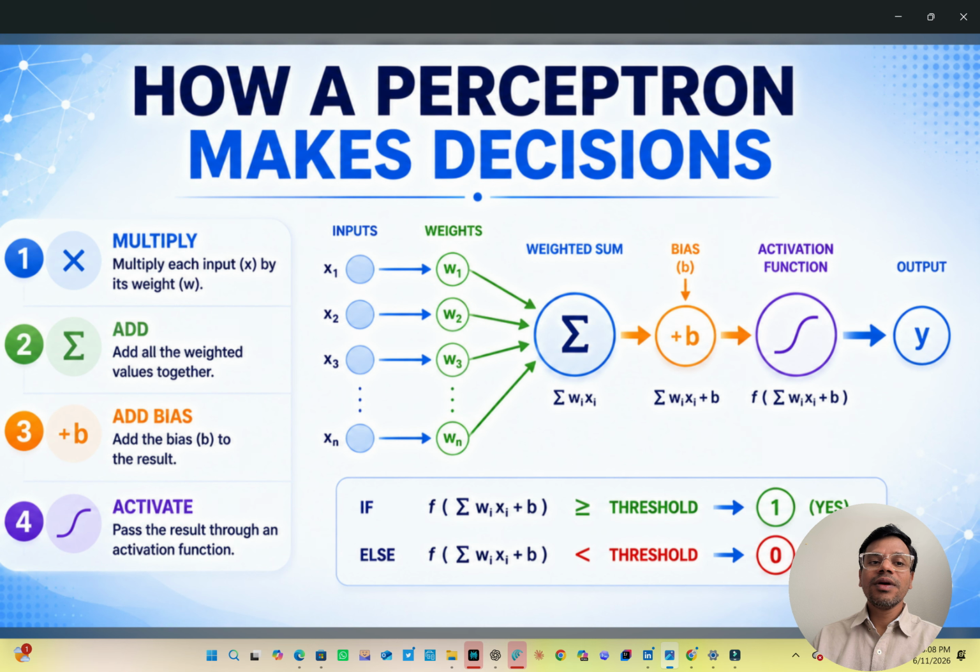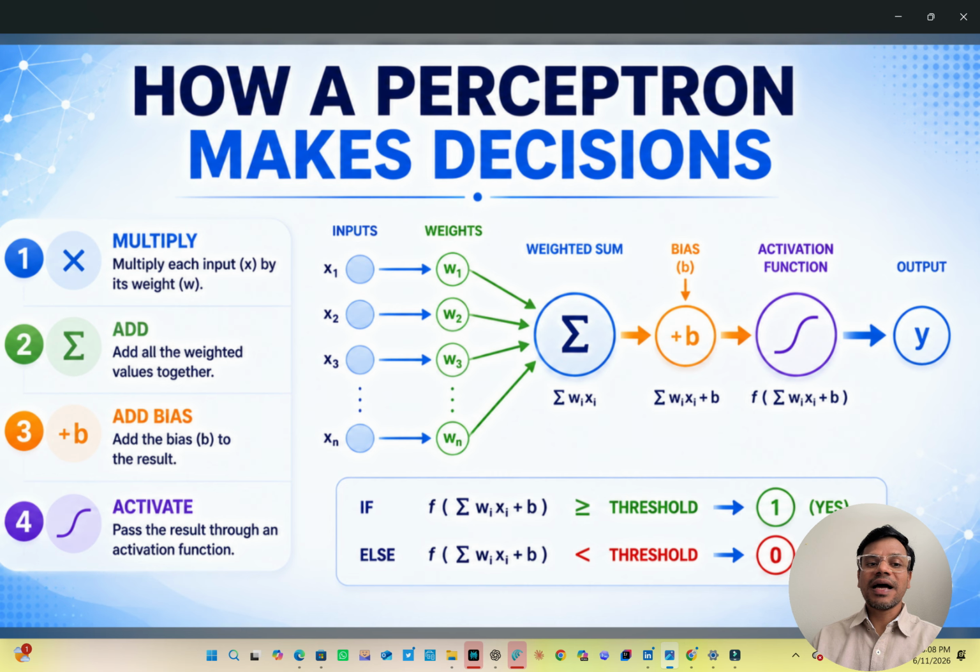Now, how does a perceptron make decisions? Let's see how a perceptron actually makes decisions. The process can be broken into four simple steps. Step 1, multiply each input by the corresponding weight. Step 2, add all the weighted values together. Step 3, add the bias value.